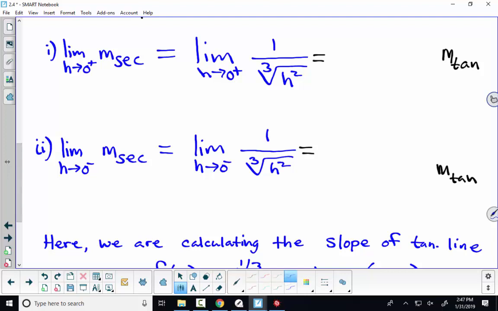The numerator approaches 1. We can clearly see the denominator approaching 0 through what values? Well, we're to the right of 0, we're squaring those values, and then we're taking the cube root of those values. So that limit is infinity.